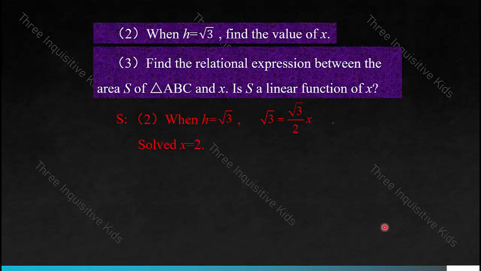Is S a linear function of x? Well, all you have to do is use the triangle area formula. Substitute the values in, and then you can determine whether it is a linear function or not. And here, since x squared pops up, it means that S is not a linear function of x.